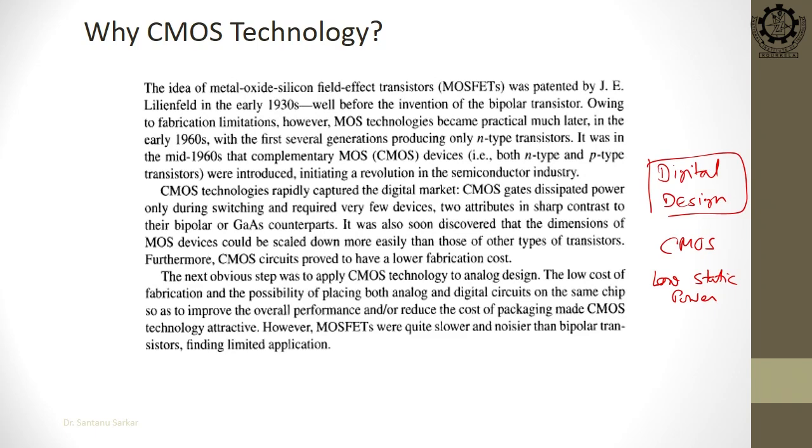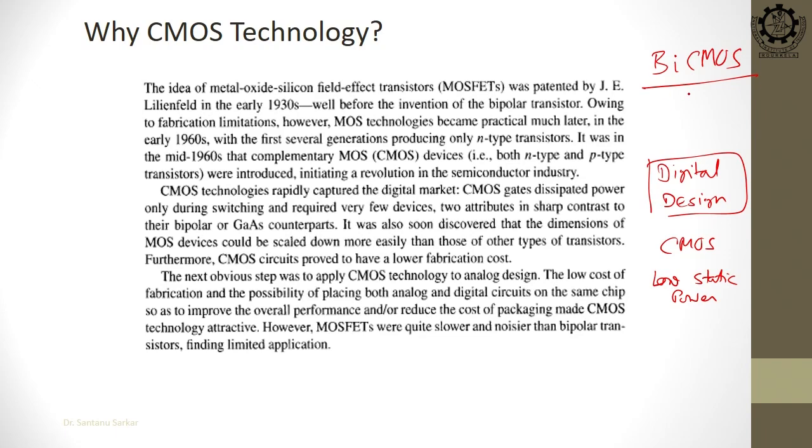Now, for analog design, previously, even a few decades ago, bipolar technology or BiCMOS technology was preferred because BJT, bipolar technology, offers higher frequency. Okay. The bipolar technology is robust.